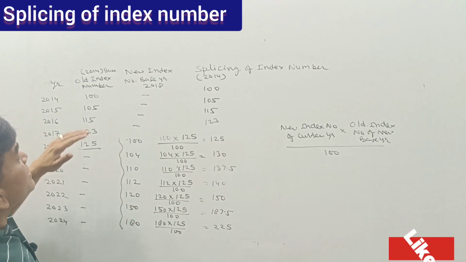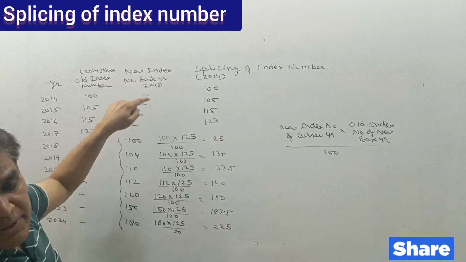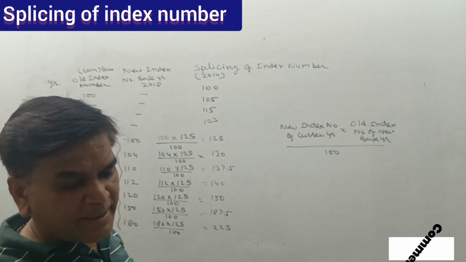If we want to simplify the total index number in 2018, how will we do it? Firstly we will see the formula.